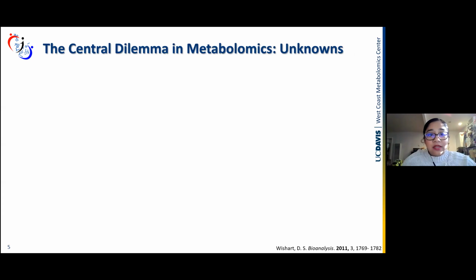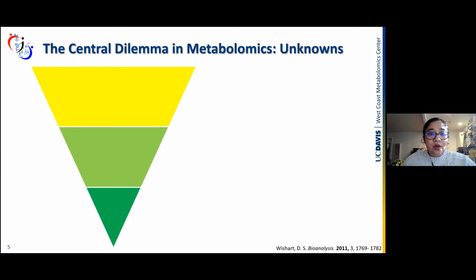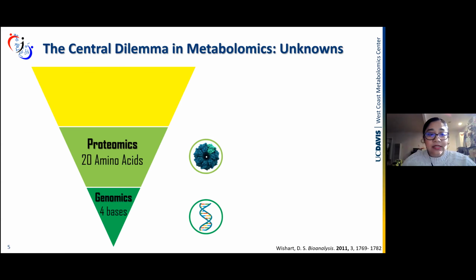So with this, thinking about the unknowns of our lives, or the earth around us, science in general, when we think about metabolomics, the unknowns are actually the central dilemma in metabolomics and a huge bottleneck. When we break down the different omics, genomics contains 4 bases, proteomics has 20 amino acids as a foundation, and metabolomics has more than millions of chemicals.